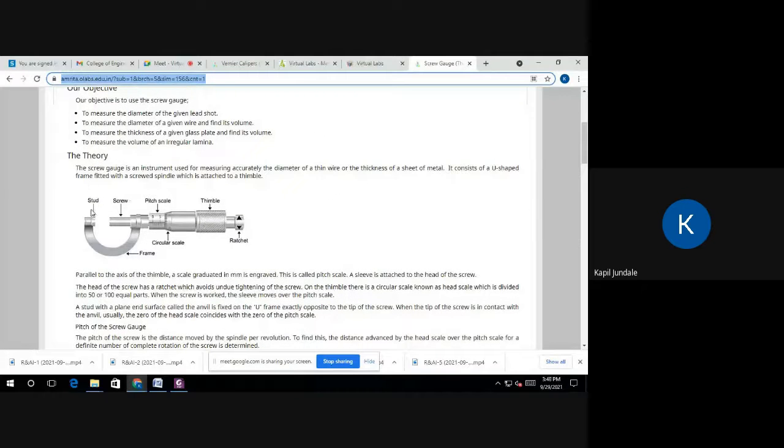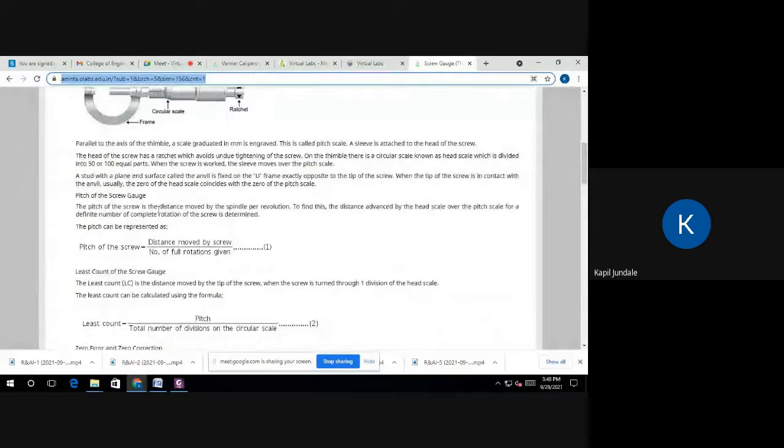Next, they have given theory related to the screw gauge. The screw gauge is an instrument used for measuring accurately the diameter of thin wire and thickness of sheet metal. It consists of a U-shaped frame fitted with a screw spindle which is attached to a thimble. After that, again we have to find out the least count. How can we find the least count?